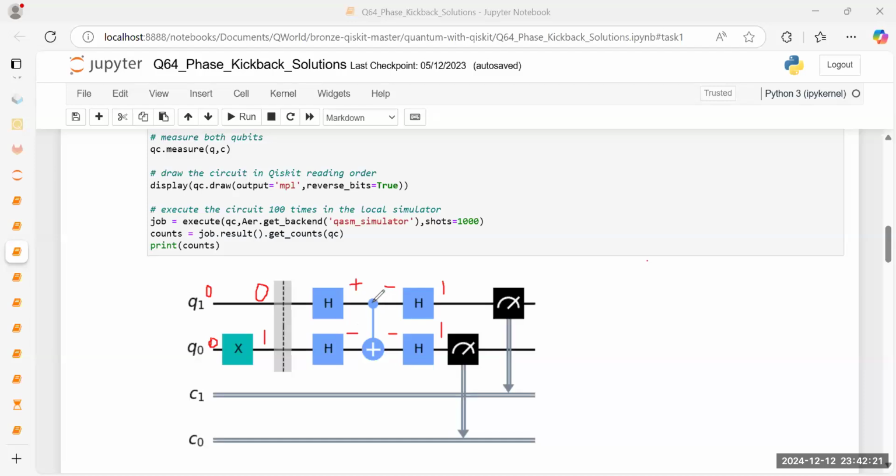And now we have the C0 operator. So for the C0 operator, here, we had minus and it stayed the same.